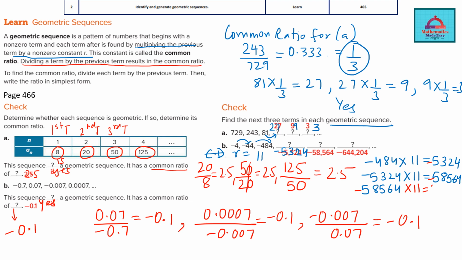This is going to be a big number, 644,204 with a negative sign. So the numbers that are going to fill here will be negative 58564 and negative 644,204. So you see the pattern. The first is a decreasing geometric sequence, and this one is increasing. It becomes bigger and bigger.